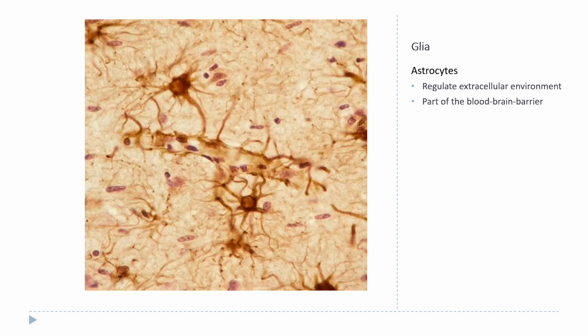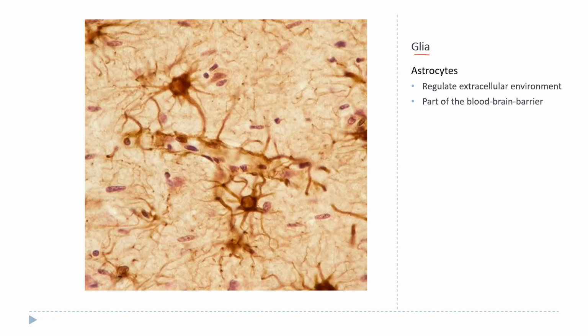So probably the most numerous and in a way one of the more important types of glial cells are these things called astrocytes. Now, for a long time, no one knew what astrocytes or really any of the non-neuronal cells in the brain did. In fact, the word glia comes from the word for glue, because the assumption was that neurons were really the important cells in the brain.